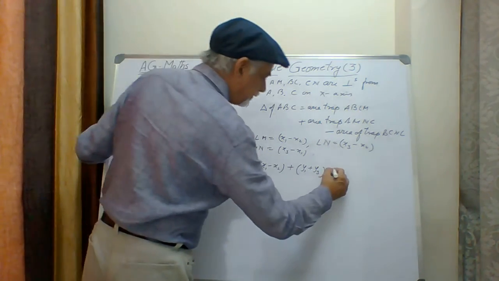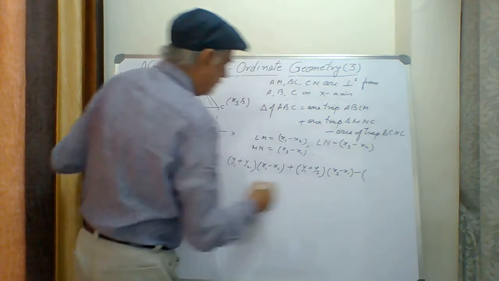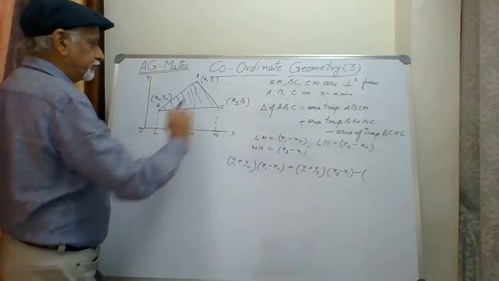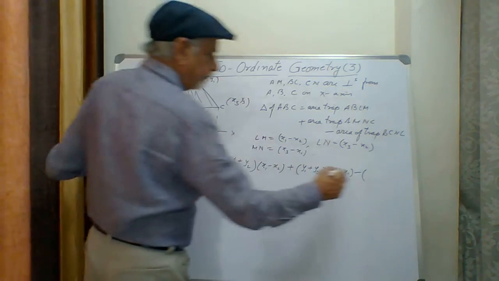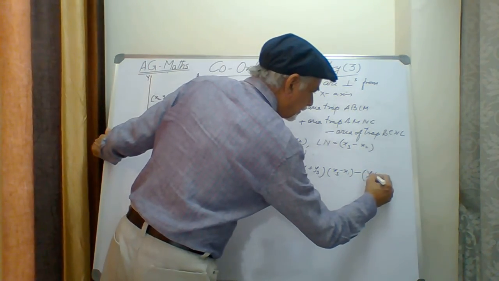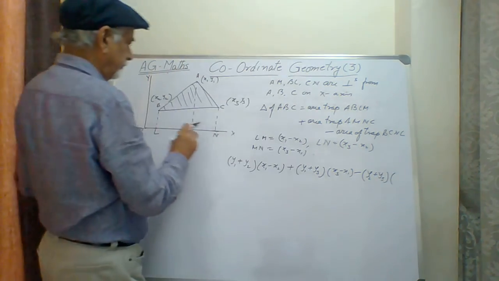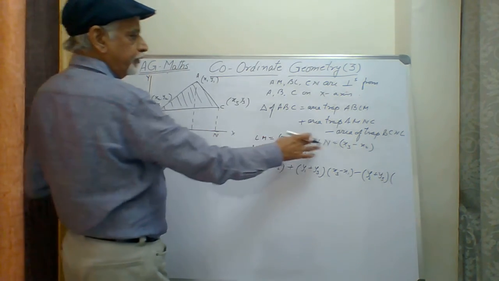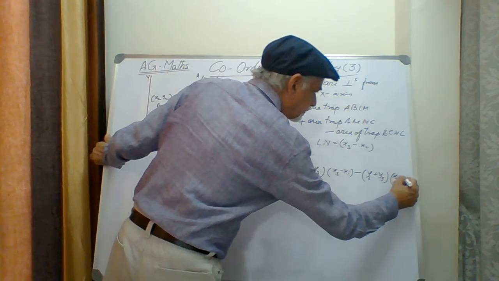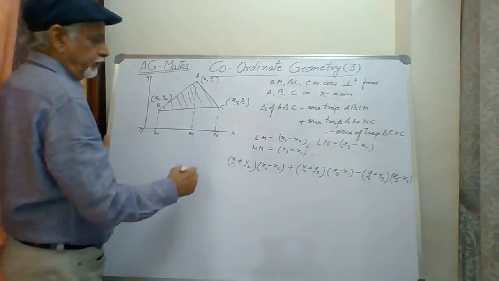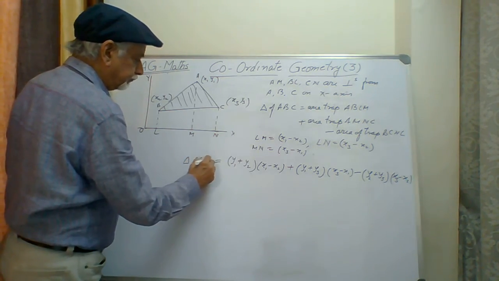MN is x3 minus x1. Then you subtract the sum of these two. So BL and CN sum is y2 and y3. y2 plus y3 multiplied with LN. LN value is x3 minus x2. Now this is the area of ABC.